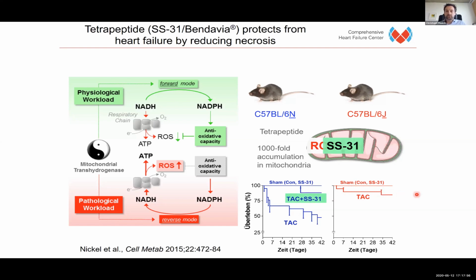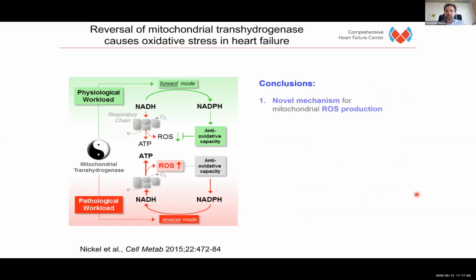So from these studies, we concluded that we discovered a novel mechanism for mitochondrial ROS formation in response to pressure overload. And in this context, there are, of course, different sources of ROS, but you remember that there was no increase in ROS based on our assays in the black 6J mice, which also means that most of the ROS are coming actually from mitochondria during pressure overload at least.